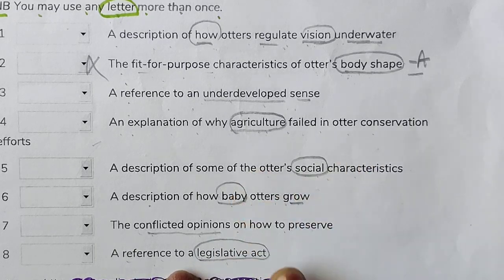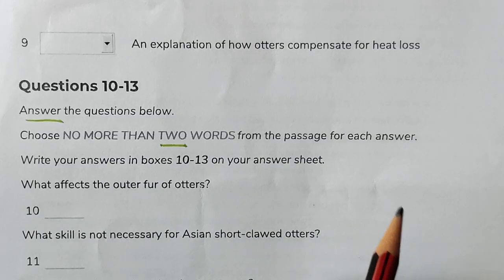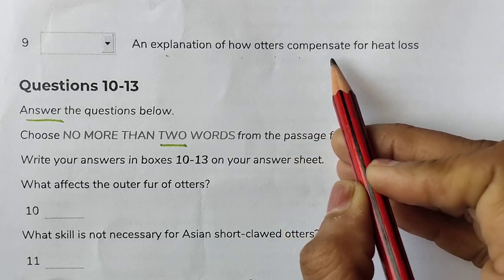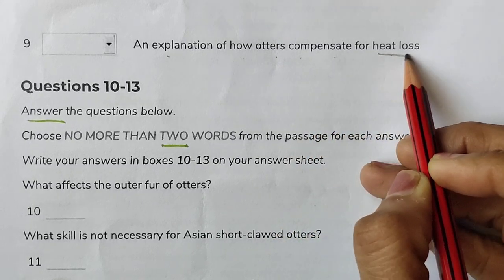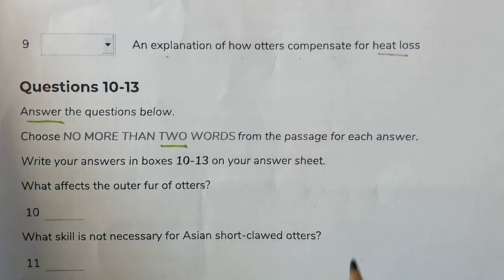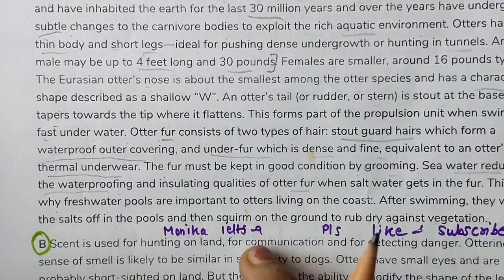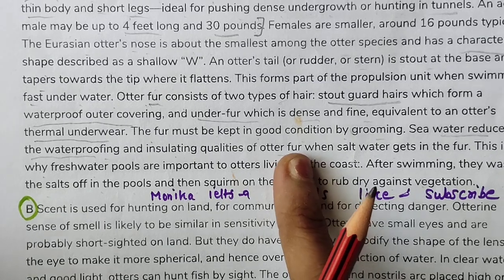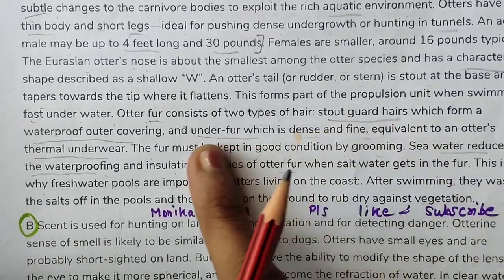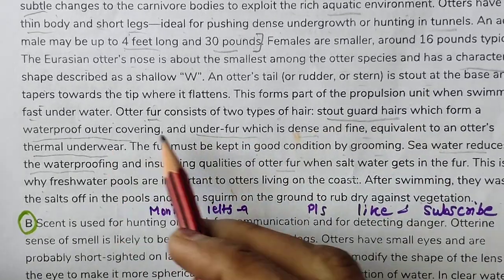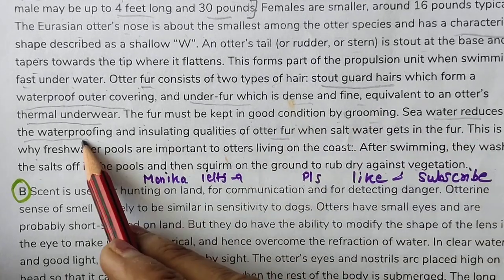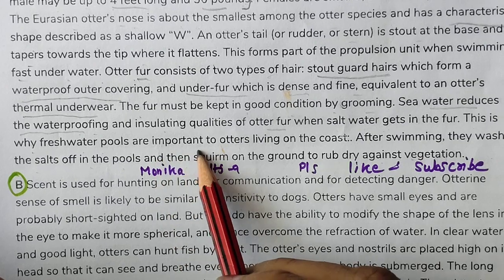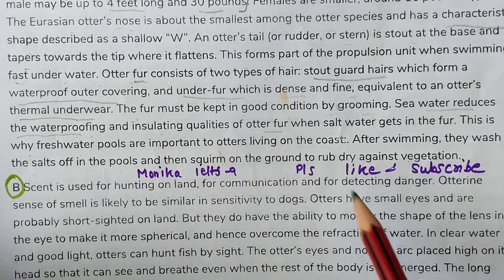Let's read the ninth option also. An explanation of how otters compensate for heat loss. So heat loss, something they were giving. Okay, outer coat, waterproof, underfur, seawater reduces waterproofing. This is why freshwater pools are important to otters living on the coast.